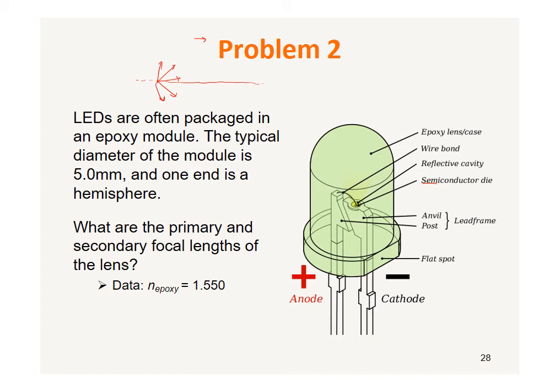You're going to put a lens on it. So this is inside a little package, and then it's got a hemisphere on the end. So you can see that this hemisphere is going to act as our spherical refractive surface.